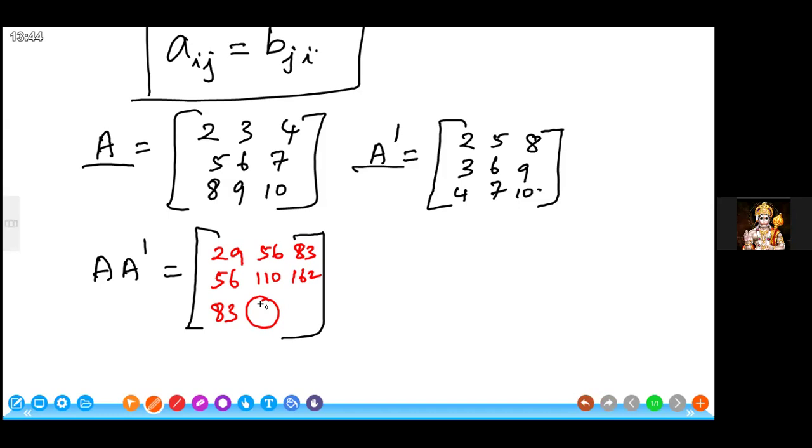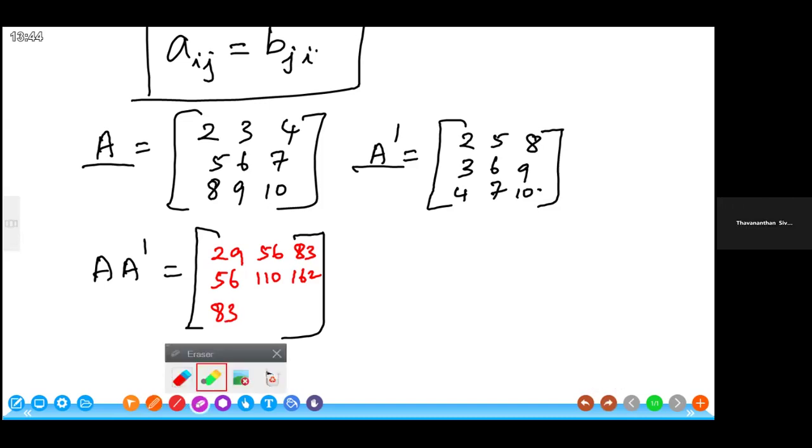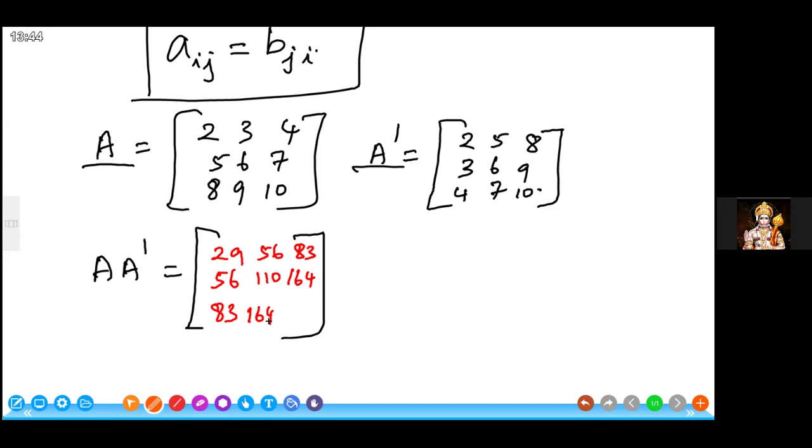That is 164. What about this? Both are 164, right? Yes. What is the last value? 245. Right.